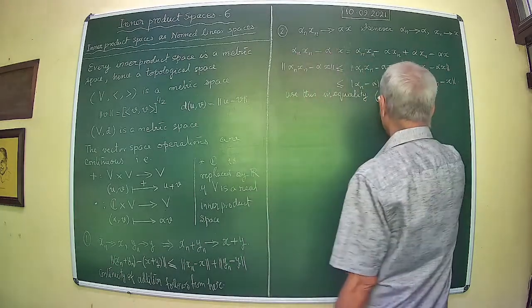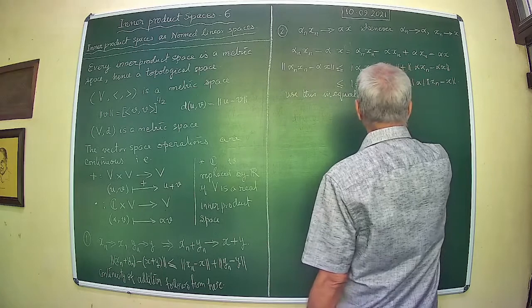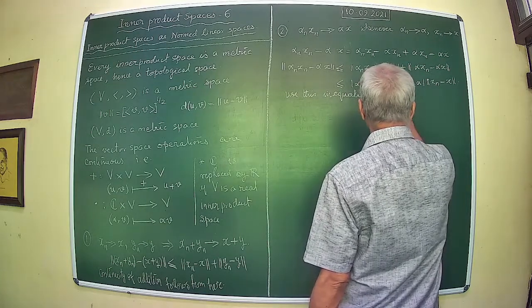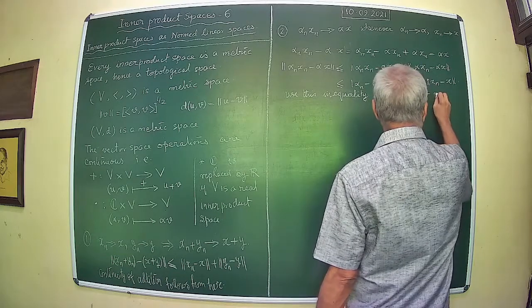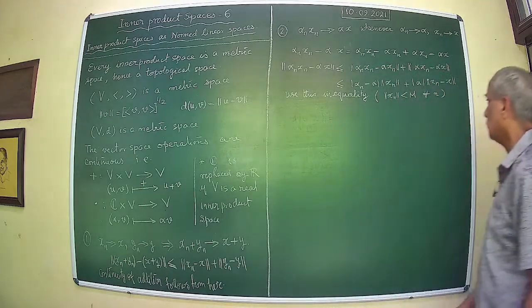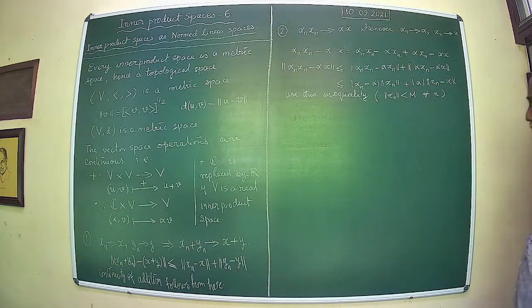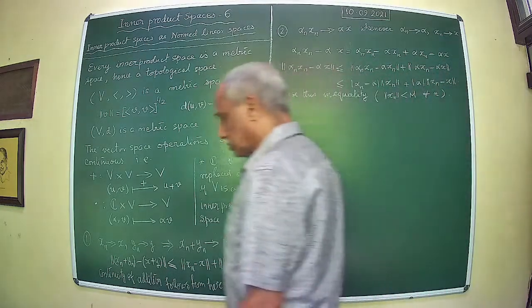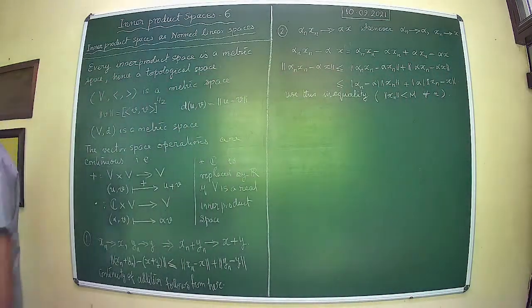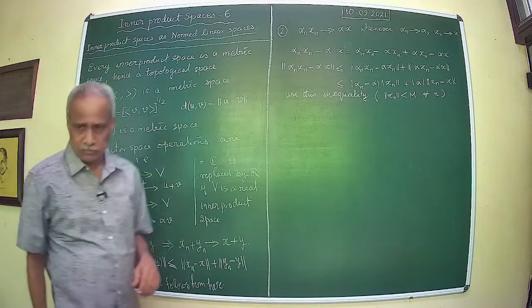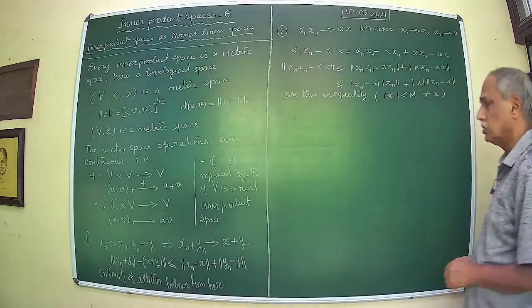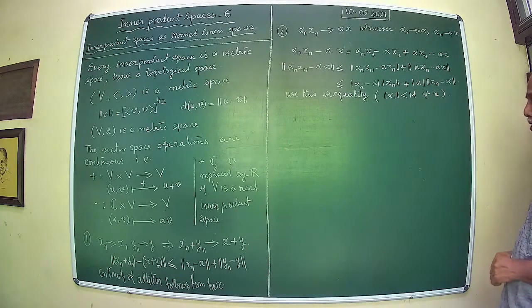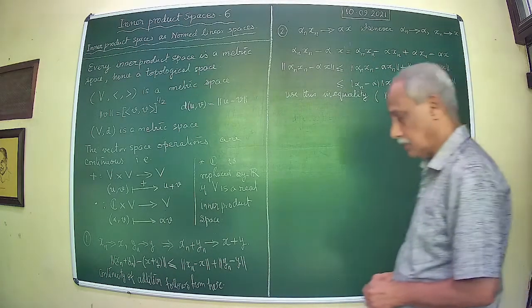So use the boundedness, that is, boundedness of norm xn. That follows from the convergence. Therefore, you see that the continuity of these two operations is assured. Okay.